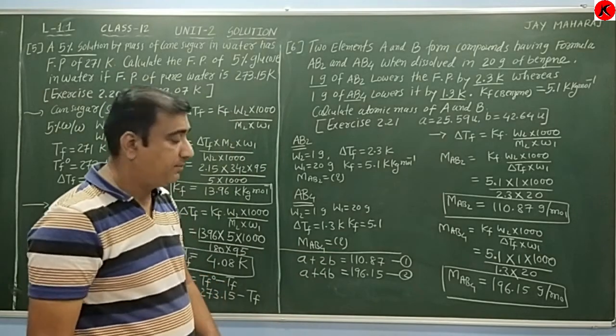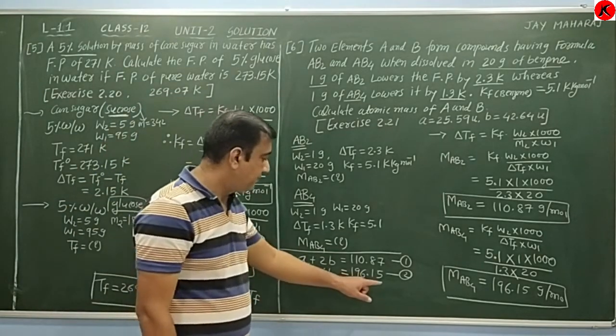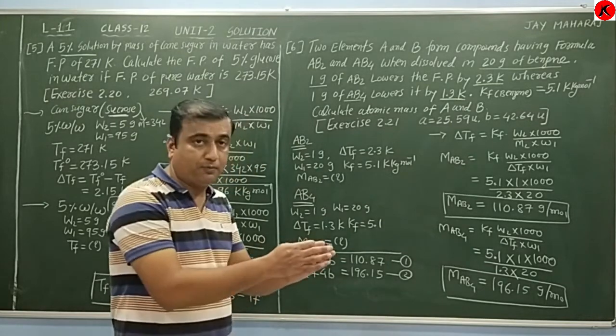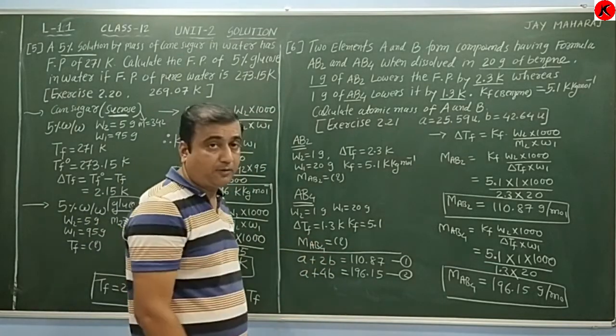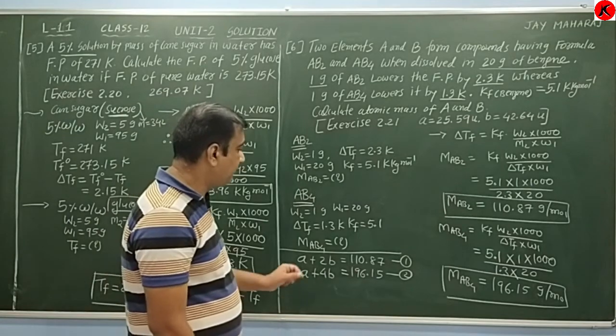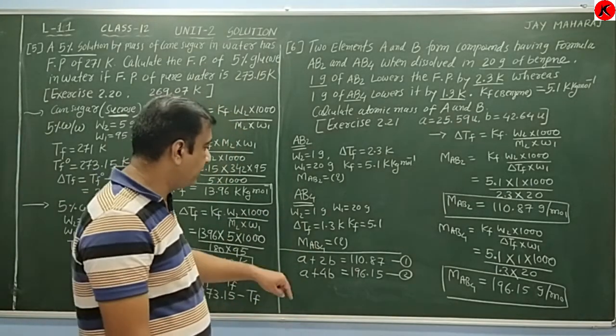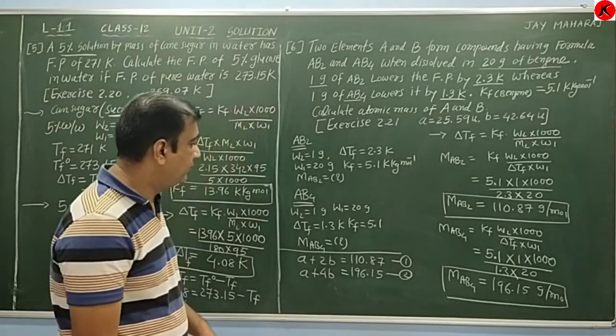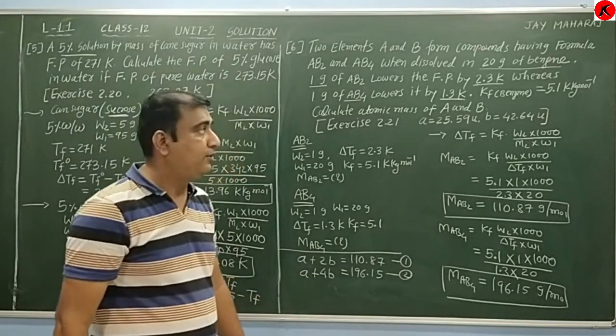Now these equations can be solved by the elimination method. That means subtracting equation 1 from 2, you will get 2b equal to something. From that you will calculate b, and again substituting the value of b in equation 1 or 2, you will get the value of a.